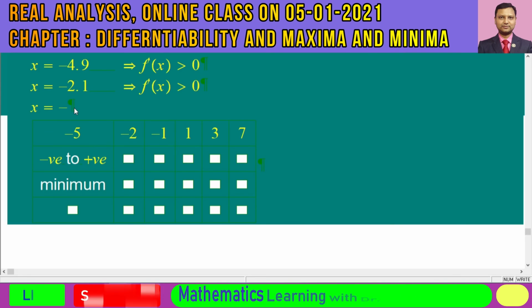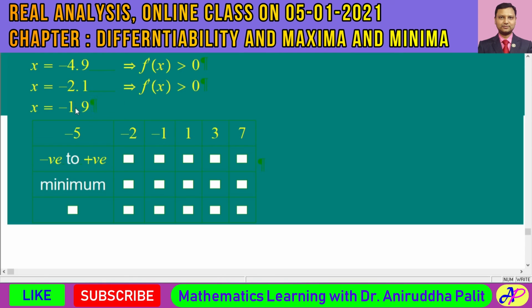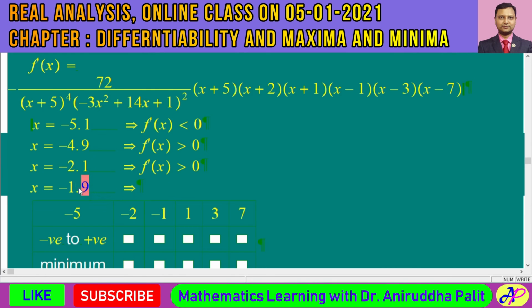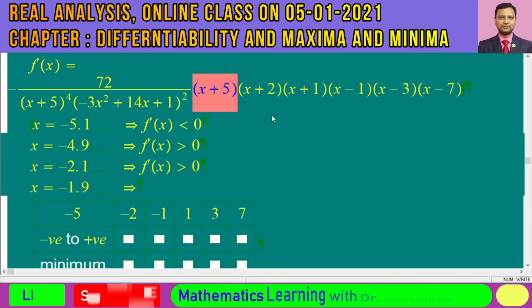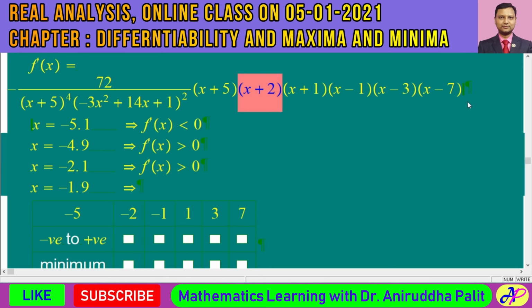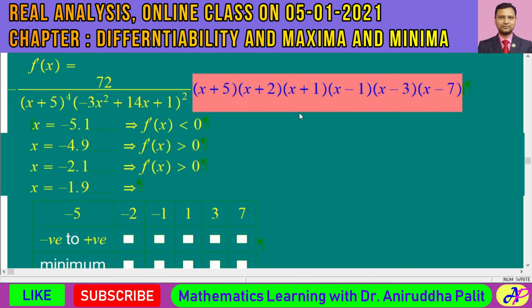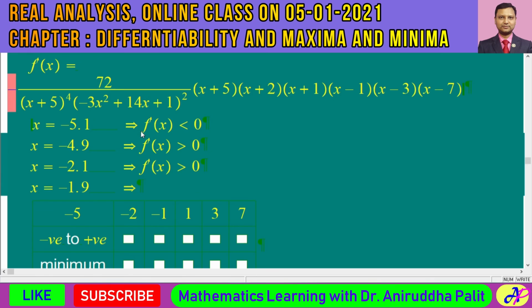at the right neighborhood of the point x is equal to minus 2, take a point x is equal to say minus 1.9, and then if you compute, what will you observe? At x is equal to minus 1.9, this is a positive factor, this factor would also be positive, and the remaining four factors would be negative. So four negative factors along with two positive factors, so altogether all these six factors would give us a positive quantity, and along with that, if we have a negative sign before the positive quantity, then we can say that f dash x is less than 0.